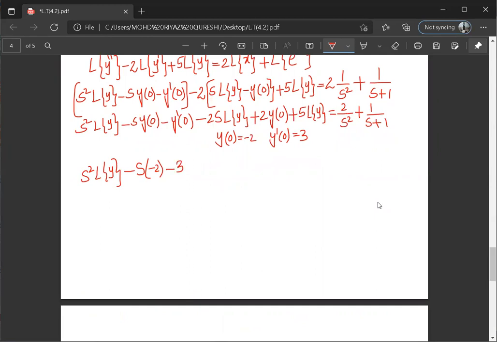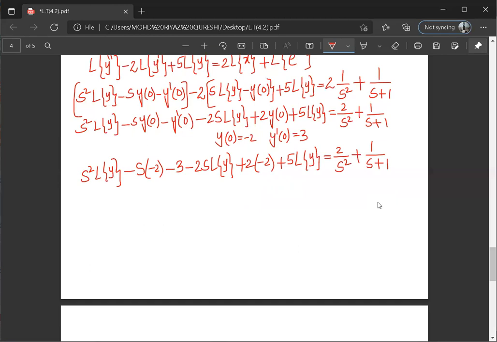Now let us write it here: minus 2 times s L of y, plus 2 times y of 0 value, again minus 2, plus 5 times L of y is equals to 2 over s square plus 1 over s plus 1.